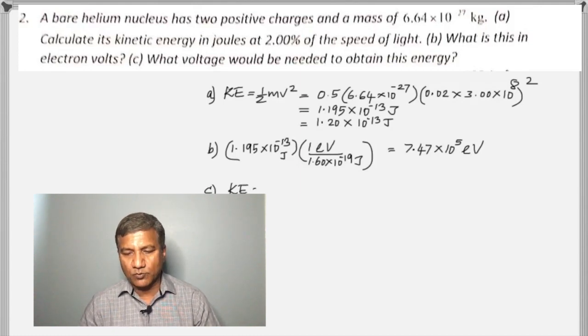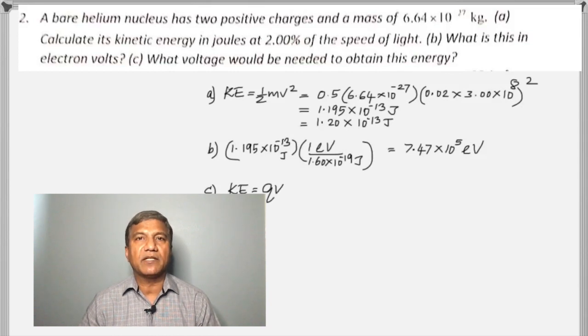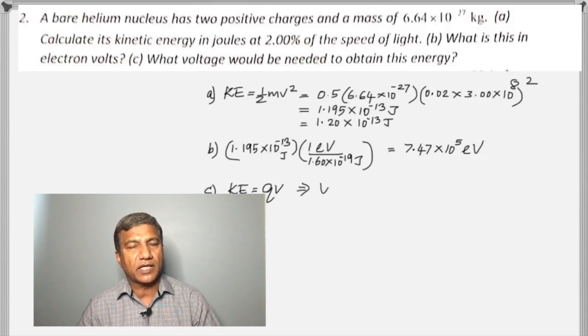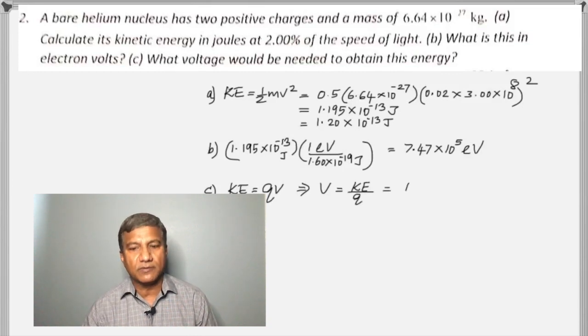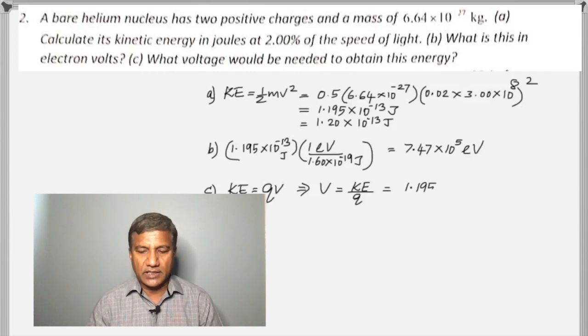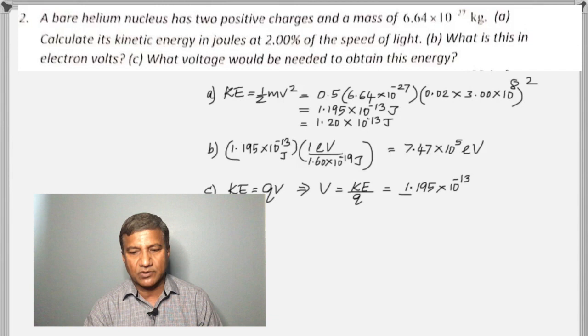And in the C part, what voltage would be needed to obtain this energy? We do just like we did the last problem. We set the kinetic energy to be equal to charge times the voltage.